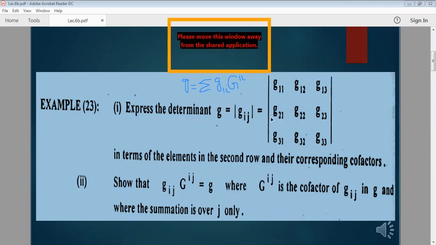So with each row, or each column, we can find the determinant of a matrix using the row and its cofactors.